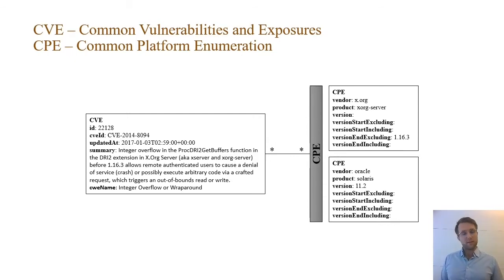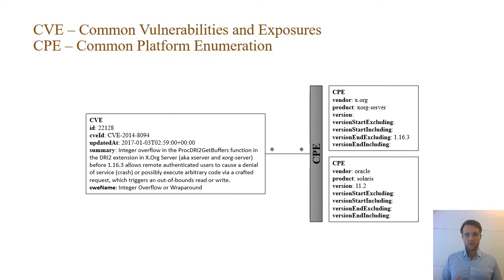It has some metadata to it, but the important part for us is the summary, which is a short description by humans that describes the vulnerability. Those usually contain some information about the software that is vulnerable, some information about the vulnerability itself, what type of vulnerability it is, and a description of the version ranges of that software that is vulnerable.